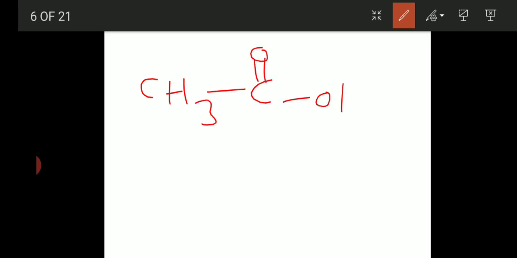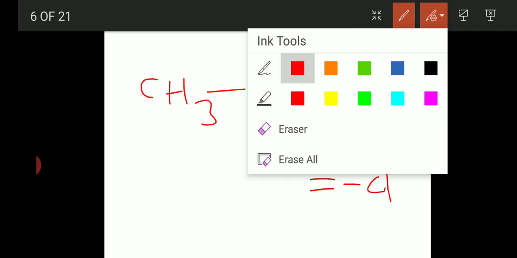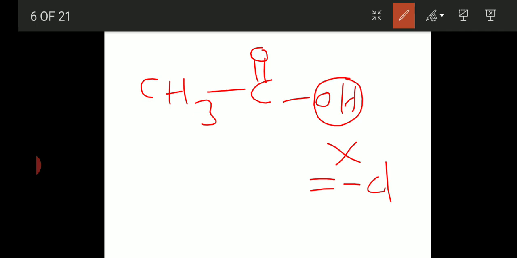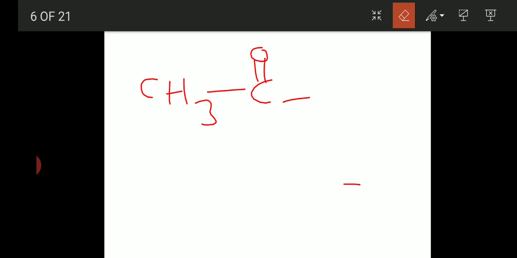Yes, we take the same acetic acid, CH3COOH. In place of OH, a halogen is substituted. Which halogen is substituted? Chlorine. A halogen also forms only one bond. So we substitute chlorine in place of OH. So this is CH3COCl.